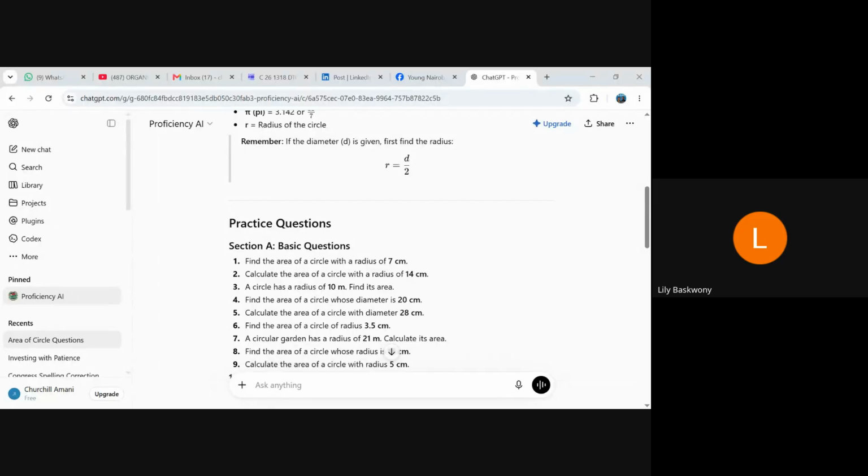Question 6, find the area of a circle whose radius 3.5 centimeters. I used pi 3.142 times 3.5 times 3.5. I get 38.48. Yes, let us appreciate her. Thank you.